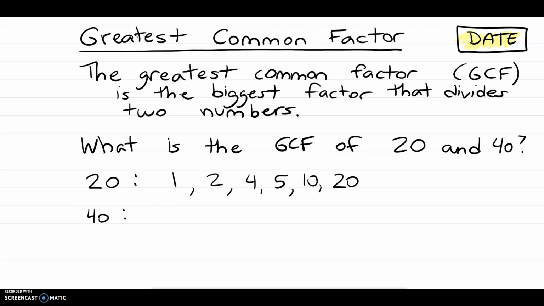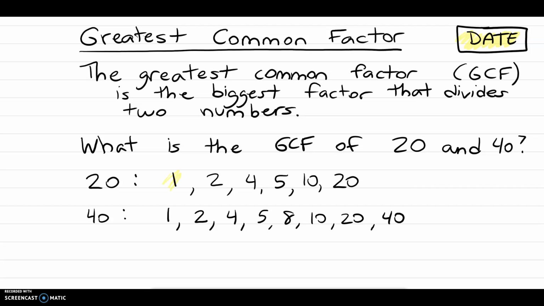For 40, we'll do something similar. I know 1 times 40, 2 times 20, 4 times 10, and 5 times 8. These are all factors of 40. So the definition of the GCF is the biggest factor that I can use to divide both numbers. So if I take a look, they have a bunch of numbers in common.